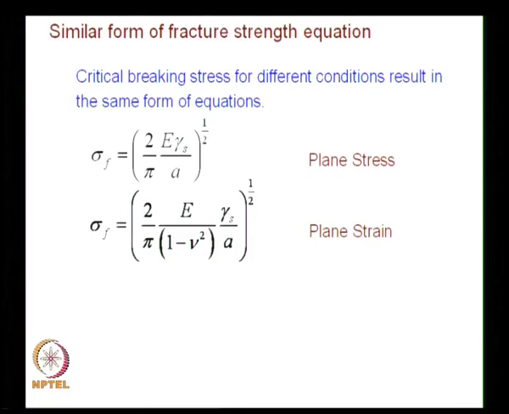In fact, you would come across this kind of modification in fracture mechanics. You will develop the expression for plane stress, then you can convert it to plane strain by changing Young's modulus to Young's modulus divided by 1 minus nu square. Vice versa, we can do that, and you get this for plane strain.